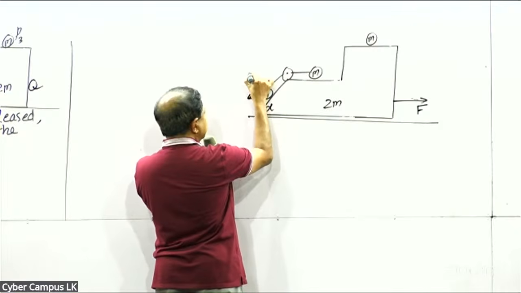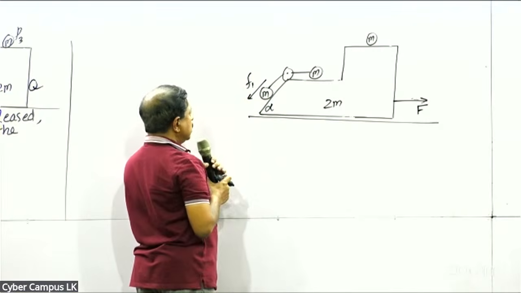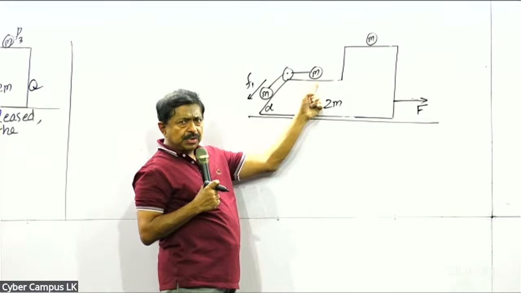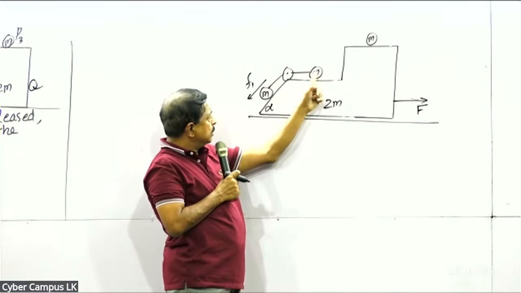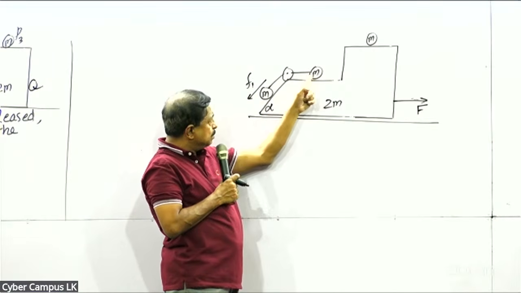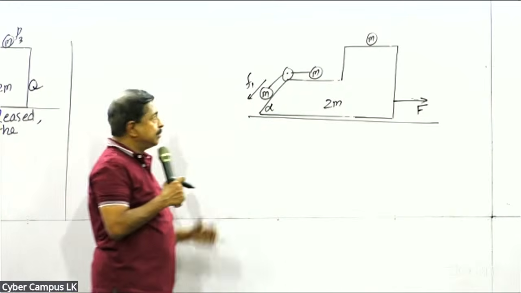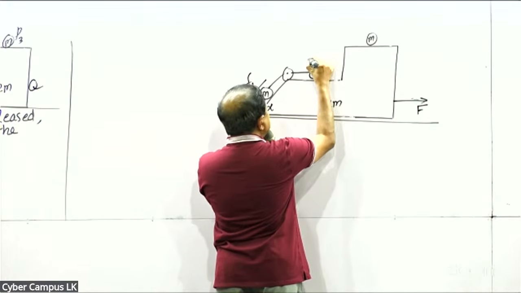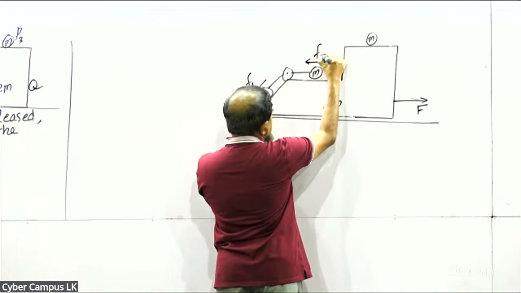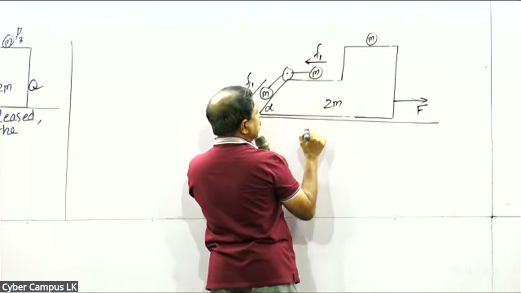I'll take this as simple F1. But this is also F1, because P2 is attached to the other end of the string, and since the string is inextensible, this is also F1.